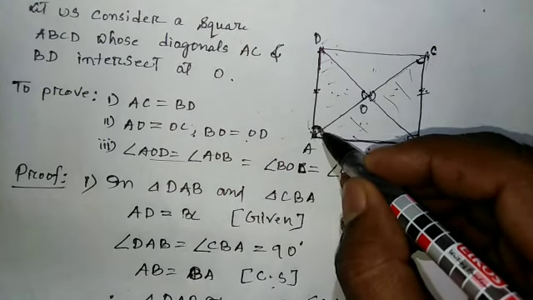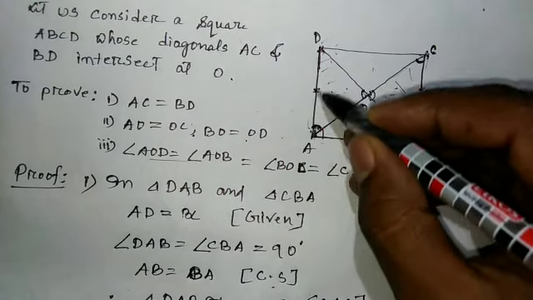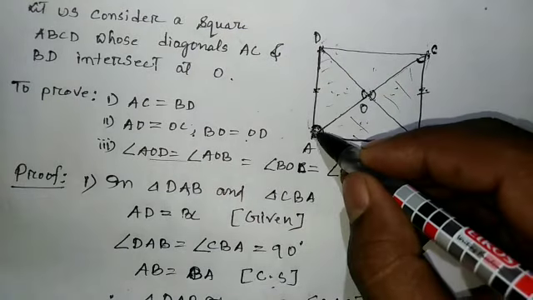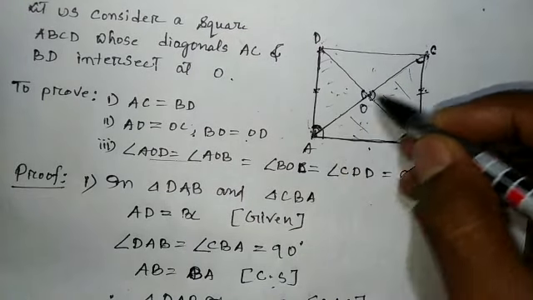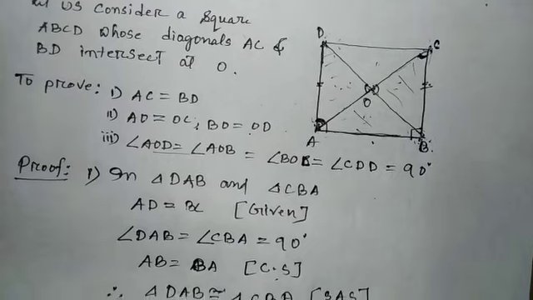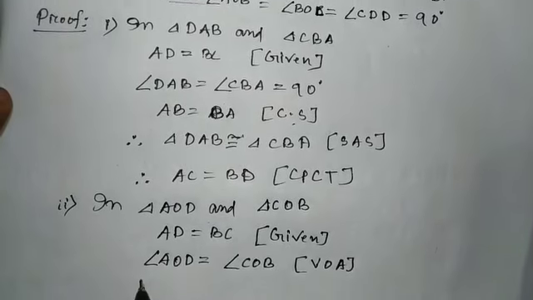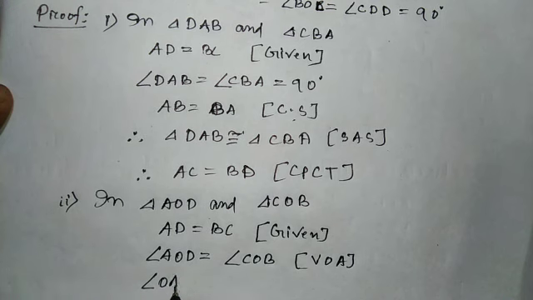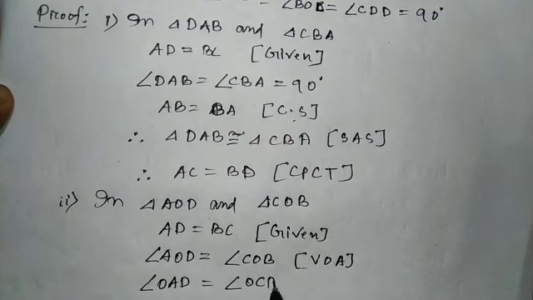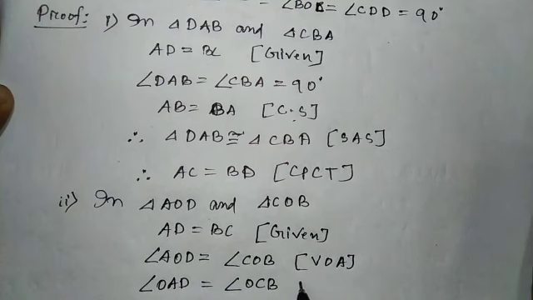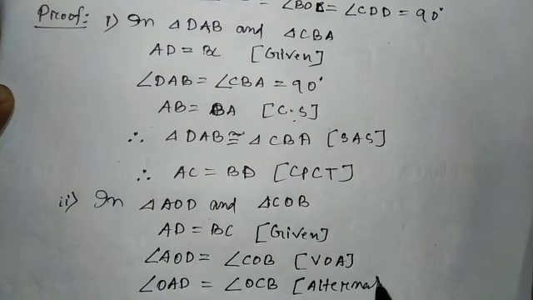So in a parallelogram, these two sides are parallel and this is the transversal, so these two angles are equal. So you can write angle OAD is equal to angle OCB, alternate angle.